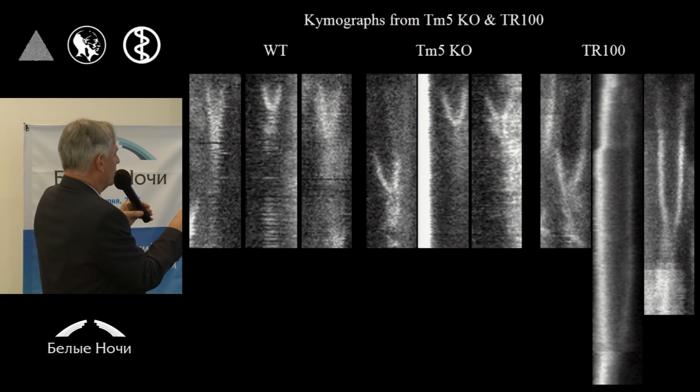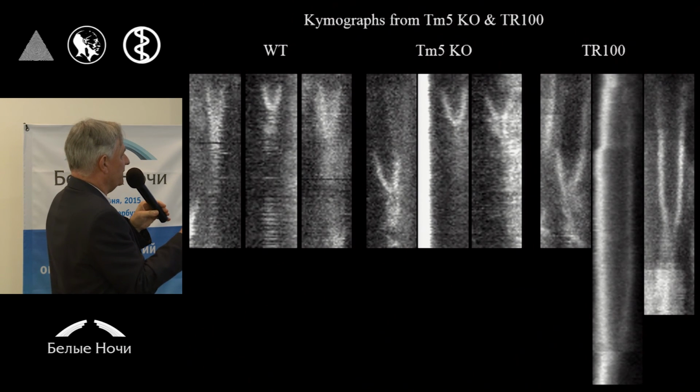Okay. So what you can do is you can now, in a living animal, measure the size of these granules and follow their decrease in size with time. In knockout animals, we see that the initial diameter of the granules has increased, and with the drug, we see the impact is even more effective.